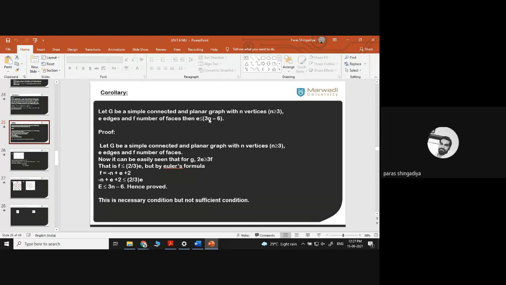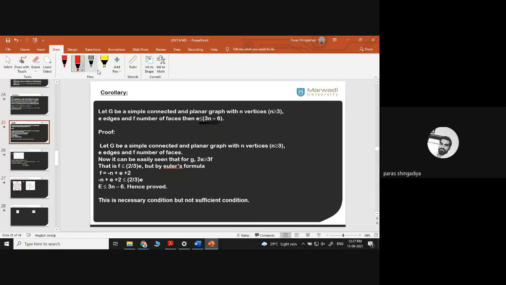Means what is the boundary? Up to how many edges can we consider to make such a connected planar simple graph? Simple graph means no loop, no parallel edges. It should be connected and it should be planar also. So up to how many edges we can take, that is E less than or equal to 3n minus 6. Clear? Then we can say it is a connected simple planar graph. So the proof is already given.